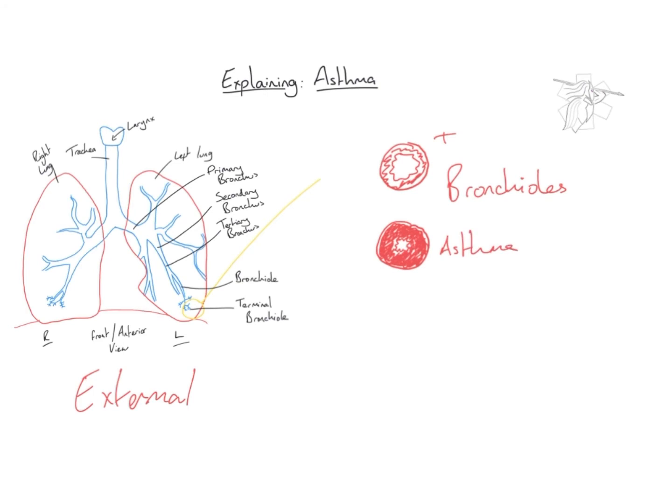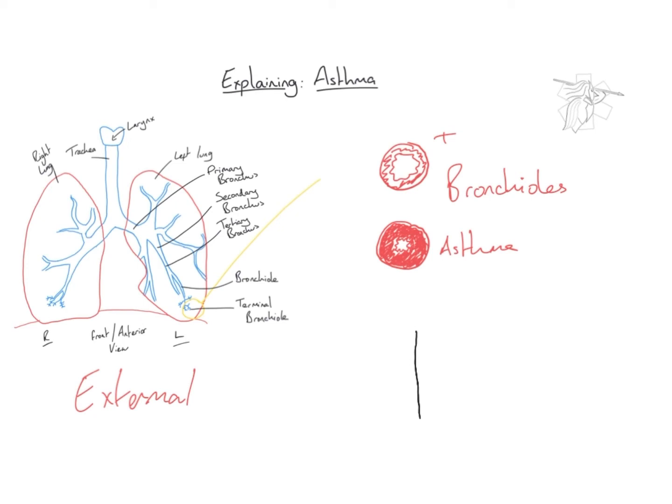Now, I said it's quite relevant that I mentioned that it's specifically the bronchioles rather than me just saying it's your airways getting narrowed. That's because when we look at your bronchus and your trachea, so here, your primary, secondary bronchus and your trachea, they're actually given structure by this C-shaped cartilage.